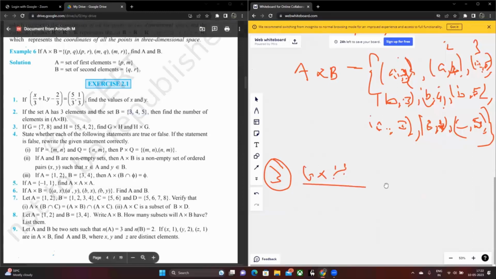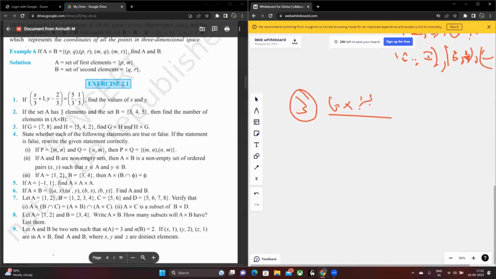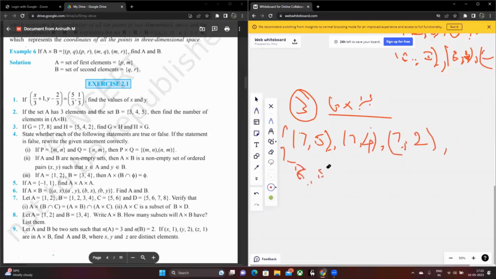For G cross H, you need to pair the elements of G with elements of H. So you have G cross H as (7,5), (7,4), (7,2), (8,5), (8,4), (8,2). For G cross H, the elements of G are always first in the pair, and the elements of H are always second in the pair.